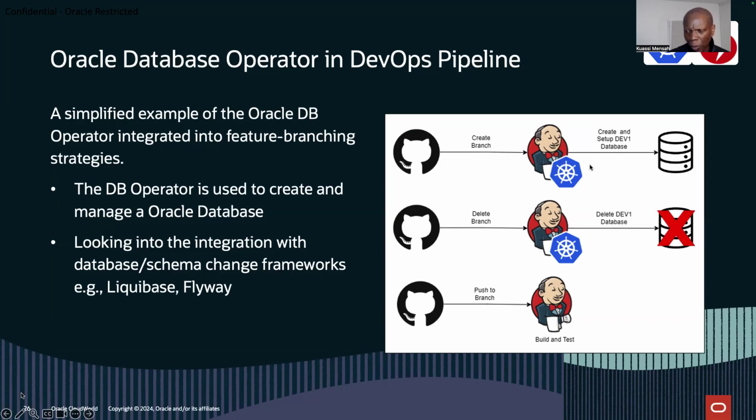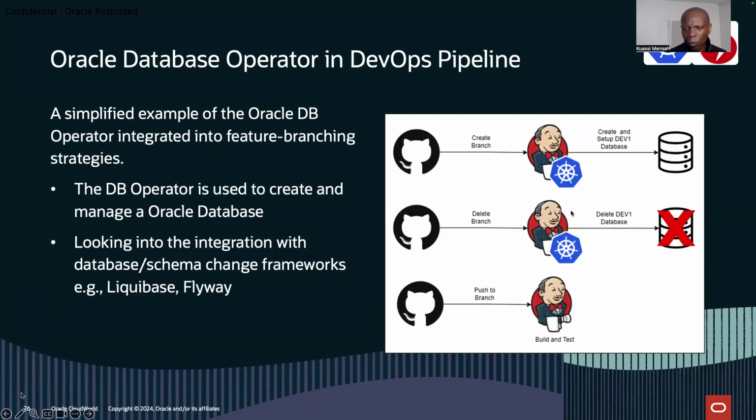It uses the operator under the covers. It generates a YAML script and invokes the operator to execute it and provision a database for you. Similarly, it will generate the YAML script when you need to terminate a database.